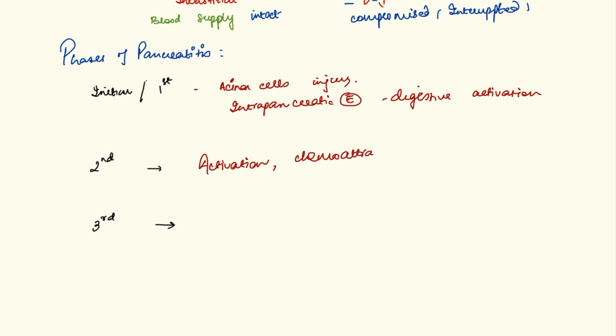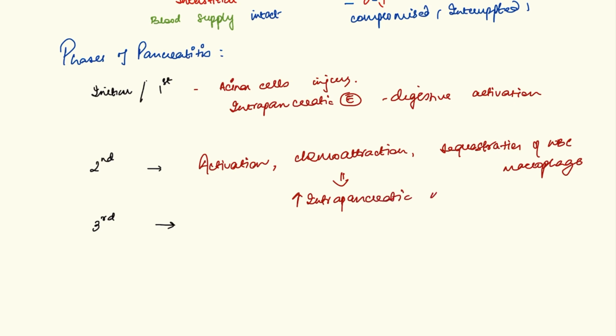There will be activation, chemoattraction, and sequestration of WBC and macrophages, which will all lead to an increased intrapancreatic inflammatory reaction. In the third phase, the intrapancreatic inflammatory reactions are increased.